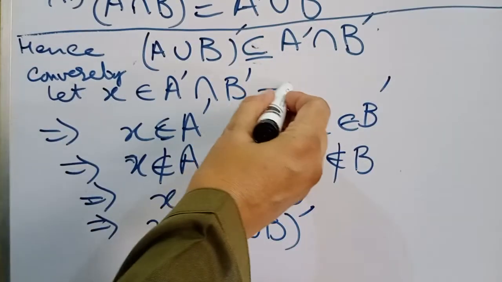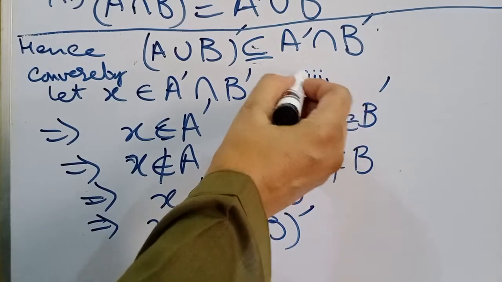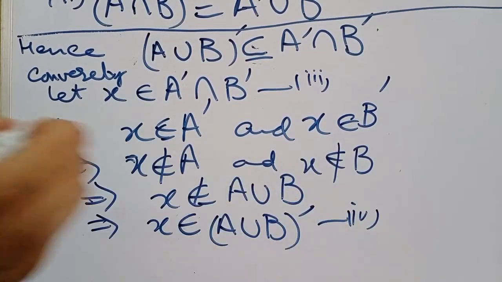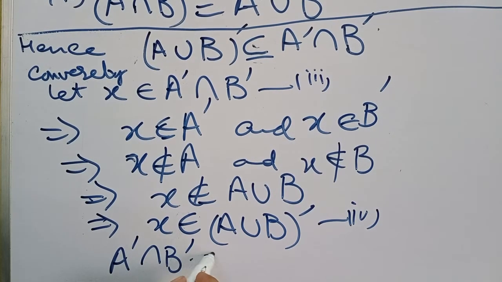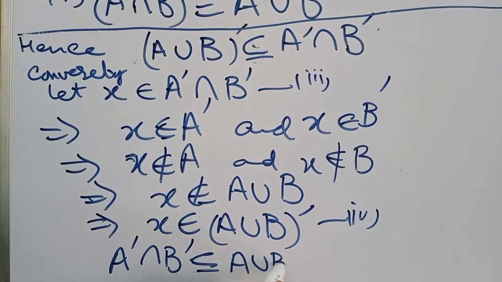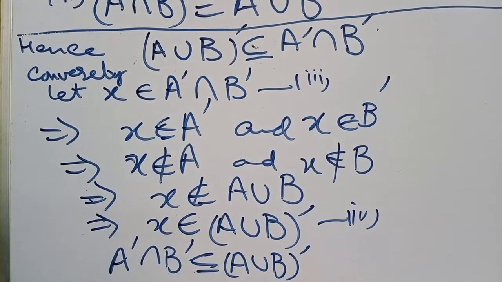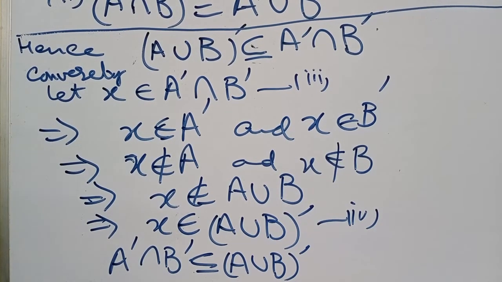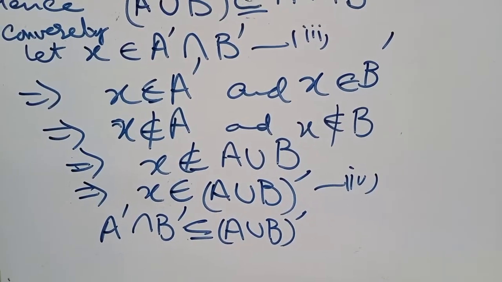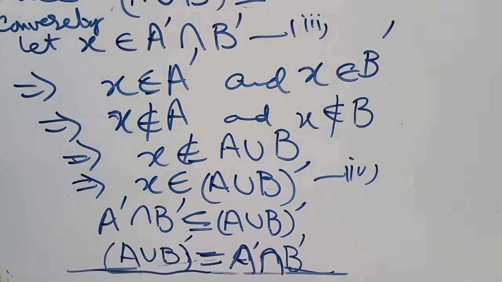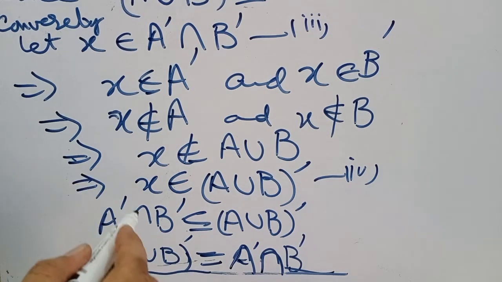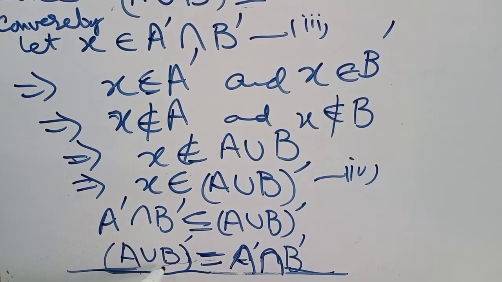So by 3 and 4, we observe that A complement intersection B complement is a subset of (A union B) whole complement. Hence we have (A union B) whole complement is equal to A complement intersection B complement.